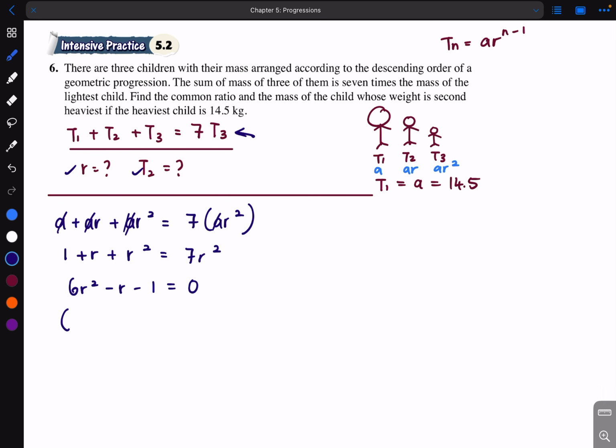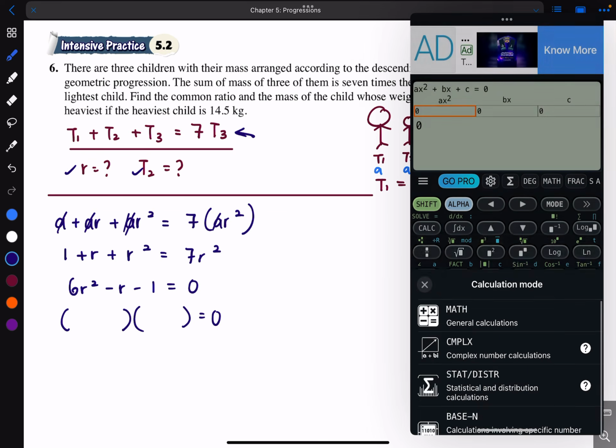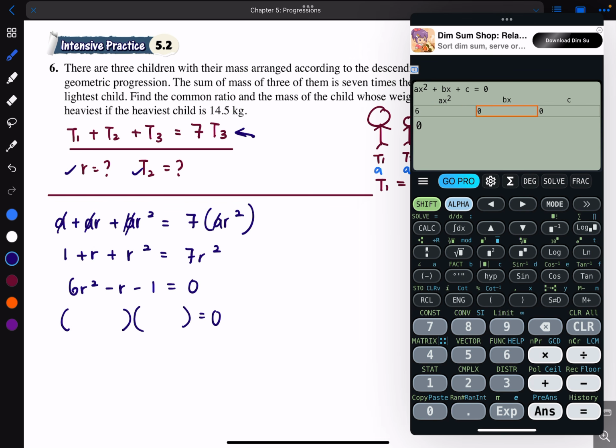Then we can factorize this. A is 6, B is negative 1, C is negative 1. We get R is negative 1 over 3 or R is 1 over 2.